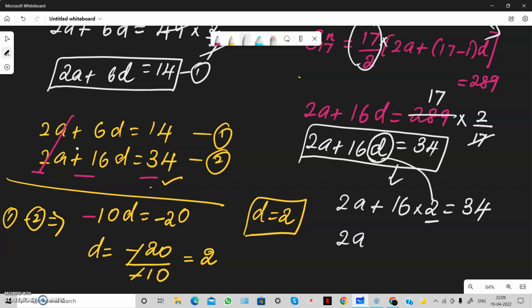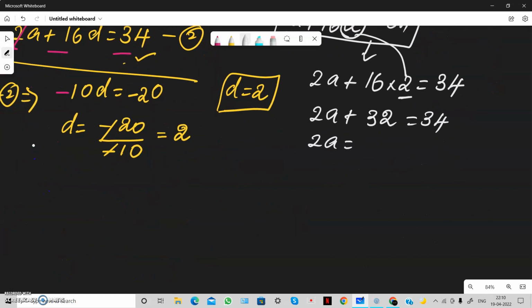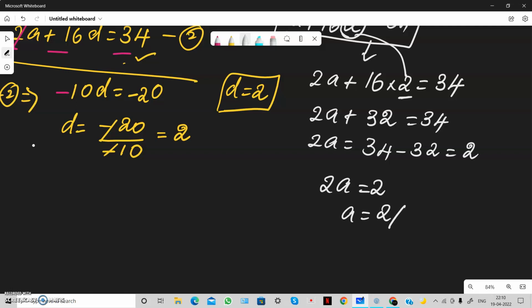And 2A plus 16 times 2, that is 32, equal to 34. So 2A is equal to 34 minus 32. Yes, students? Yes. So 34 minus 32 equals 2. So 2A is equal to 2. Then A is equal to 2 divided by 2. It is 1. Okay. So A is equal to 1.